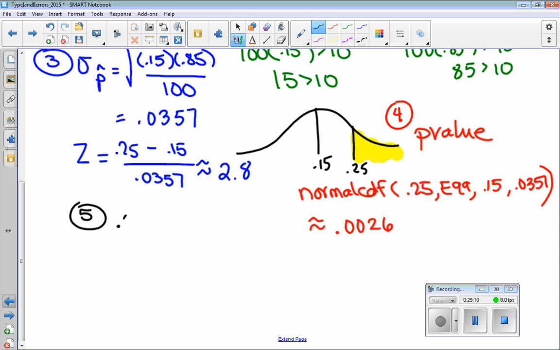So we're going to say that 0.0026 is less than 0.05, therefore what do I do? I reject that bad boy, okay? I reject the null, which means that the likelihood that my sample happened by chance is real small, which means that the trees really are messed up by acid rain, okay?